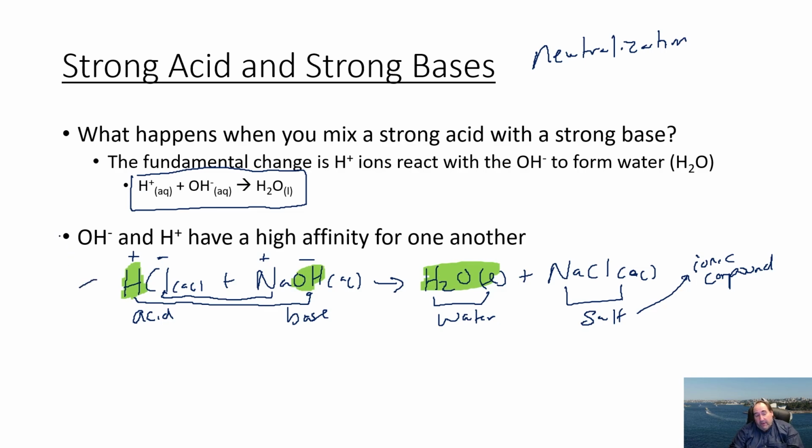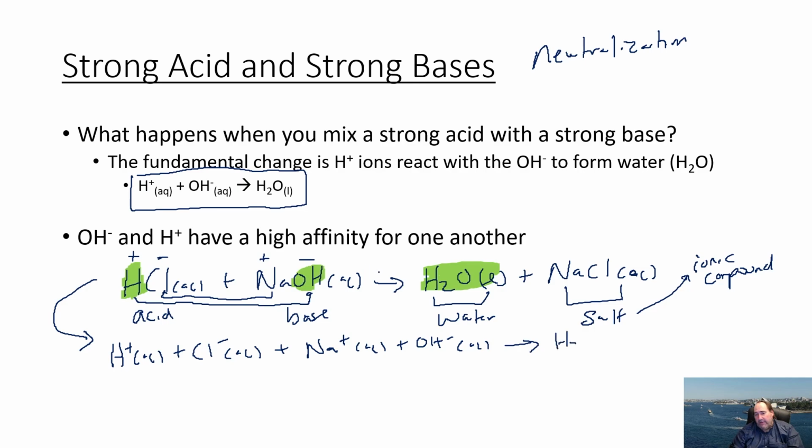So if we were going to our total ionic equation, we would have our H plus, our Cl minus, our sodium with a +1, our hydroxide, -1, water will stay together, and our sodium chloride will break apart into Na plus and Cl minus.